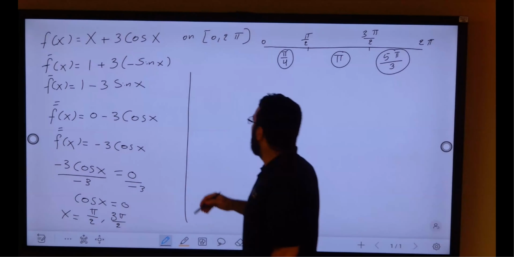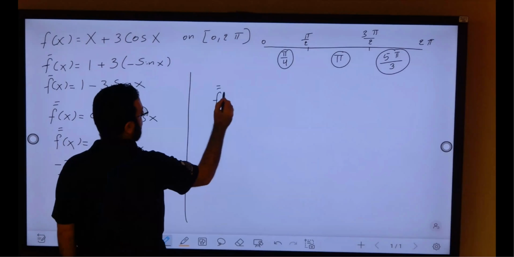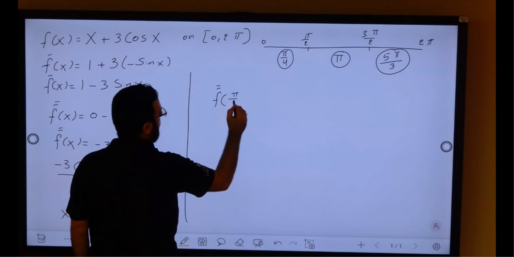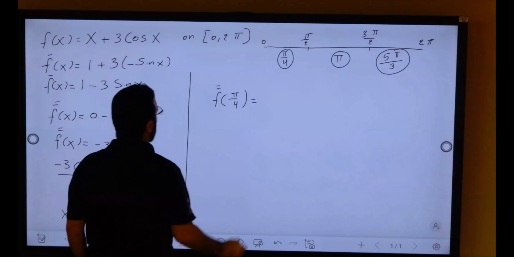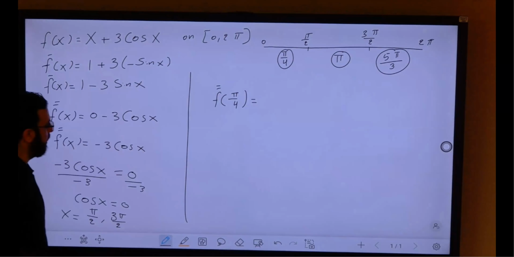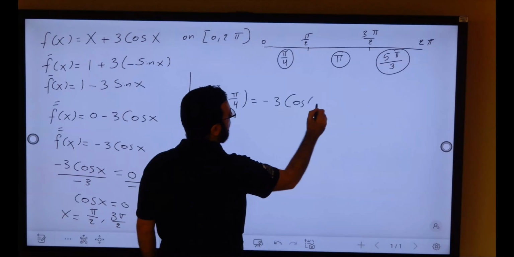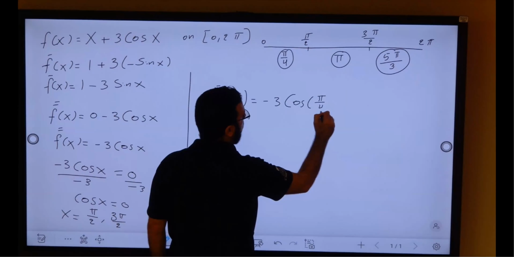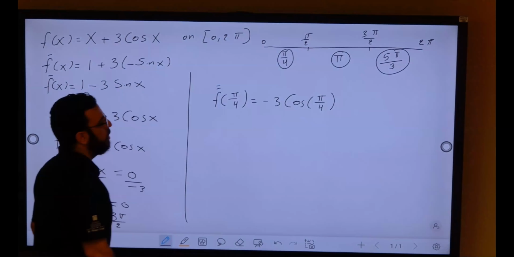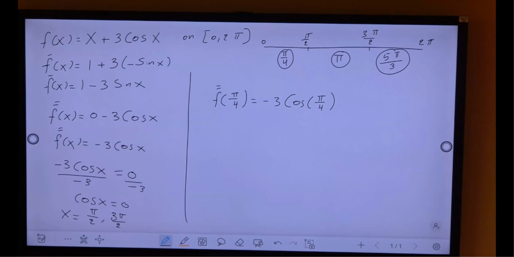Now, the second derivative at pi over 4 is going to be equal to... You're going to plug in pi over 4 where? Here. So it's going to be -3 cosine pi over 4. Cosine pi over 4 is cosine 45, which is 1 over square root of 2.